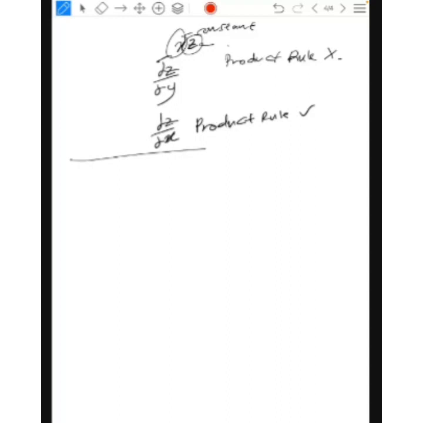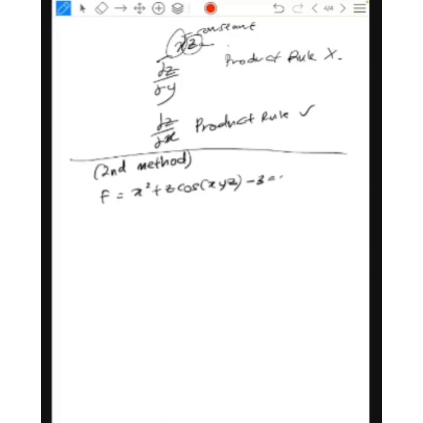Okay, now let's use the second method for that equation. Equation ni tadi x kuasa 2 tambah z cos xyz. Now, when you want to use second method, you have to make the equation equals to 0. Minus 3 equals to 0. So just bring the 3 to left hand side.